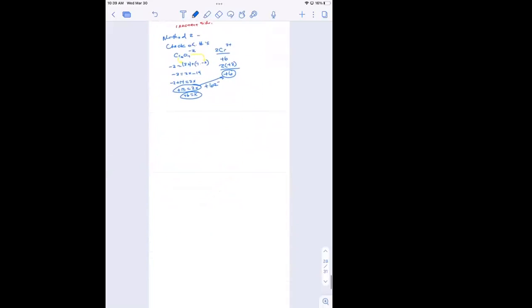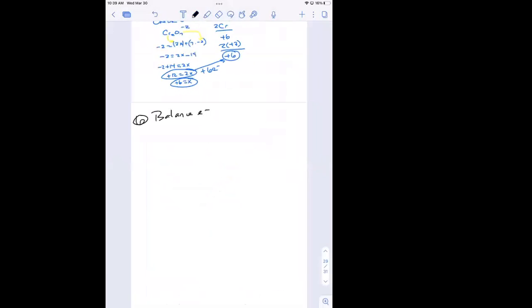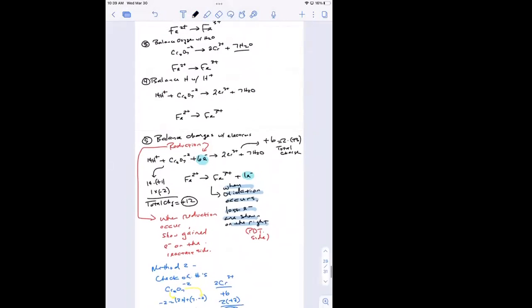Now the next to last step is to balance the electrons. So that's step 6. So balance the electrons. I'm gonna steal this from up here.